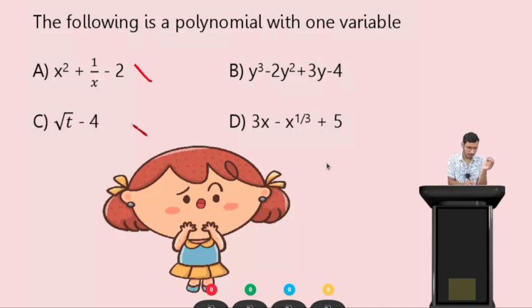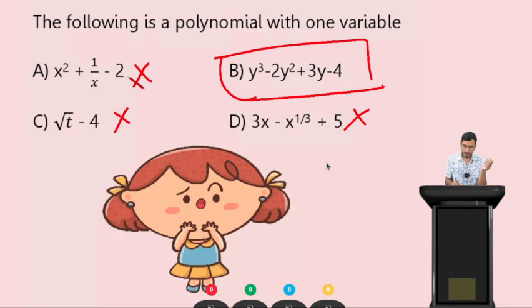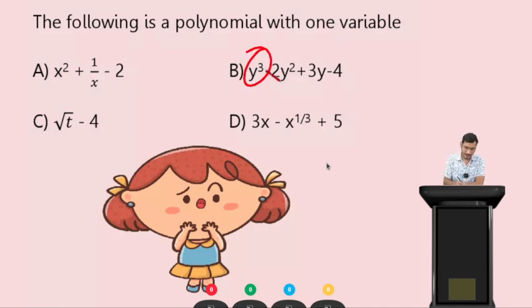So options A, C, and D are not polynomials. But y cube minus 2y square plus 3y minus 4 is a polynomial with one variable. You can see the variable is only y here. One variable means it contains only one variable. So option B is the right answer here.